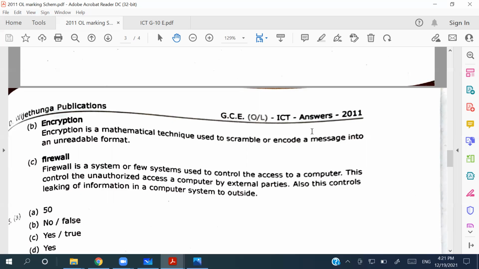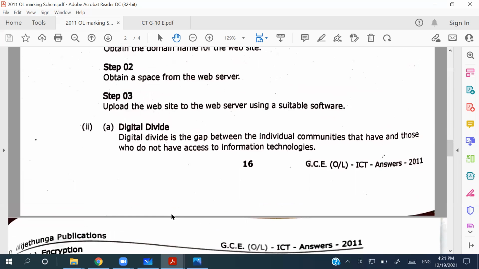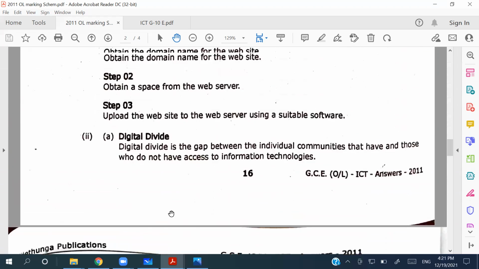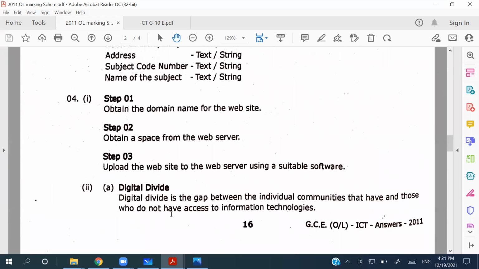So the marks are going to be, let's take it like this. Only 6 parts are there. The first 3 steps take 2 marks each, step 1, 2 marks, step 2, 2 marks, step 3, 2 marks.